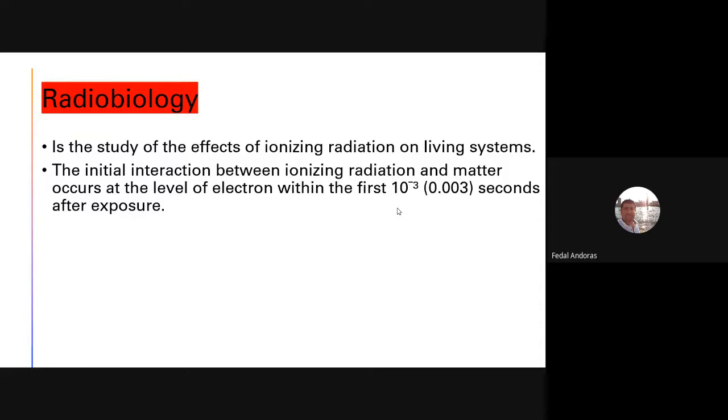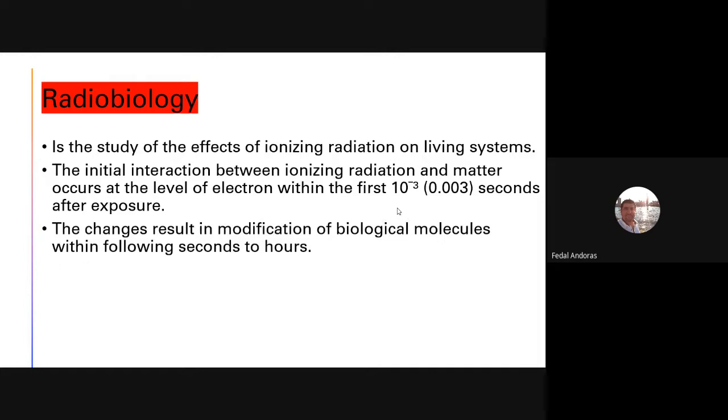So the initial interaction between ionizing radiation and matter occurs at the level of the electron within the first 10 to the power of minus 3, 0.003 seconds after exposure. So fast. So the initial interaction starts so fast.